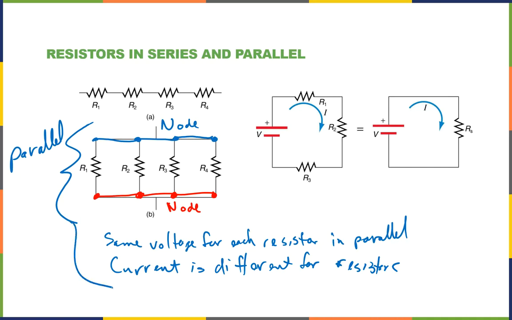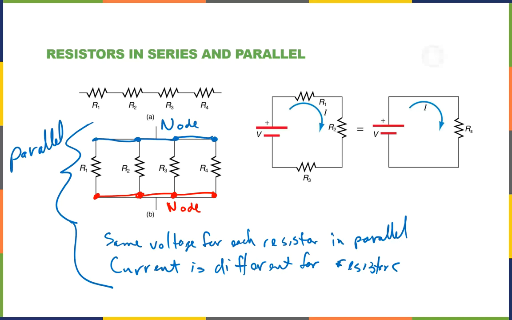And make sure we know that's for parallel. So if I put the resistors in parallel, they all have to have the same voltage, the same energy drop per charge. But the current, the amount of charge flowing through each resistor per second varies depending on the resistance values.